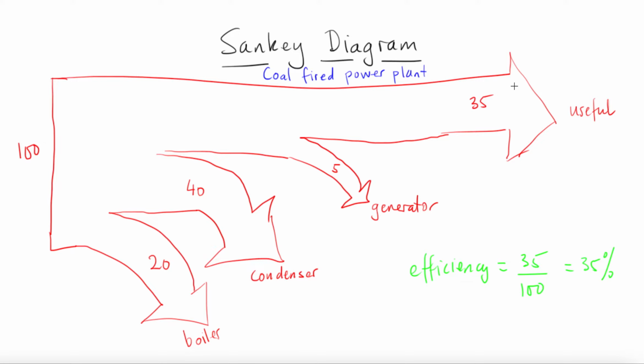So to work out the efficiency, we take the useful energy out, 35, divided by the total energy in, which is the 100. So this power plant would be 35% efficient. And these arrows bending down represent the losses in the power plant.